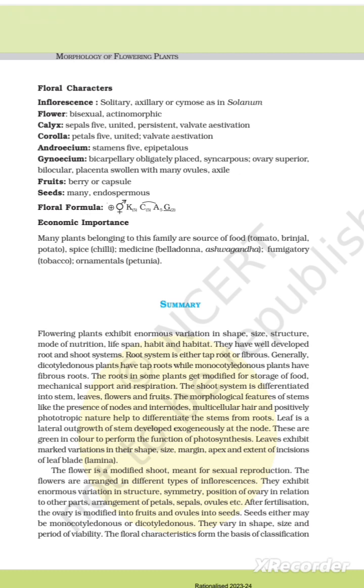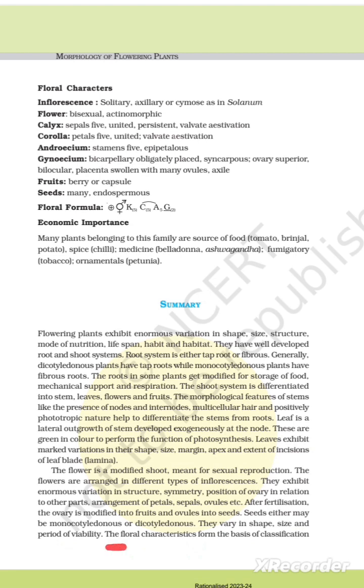They exhibit enormous variation in structure, symmetry, position of ovary in relation to other parts, arrangement of petals, sepals, ovules, etc. After fertilization, the ovary is modified into fruit and ovule into seed. Seed either may be monocotyledonous or dicotyledonous. They vary in shape, size and period of viability.